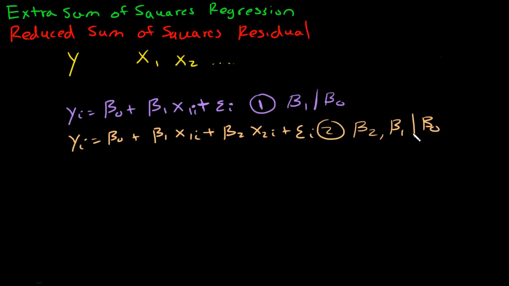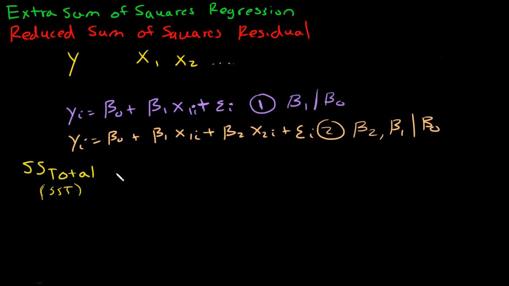Okay, so for both these models, I'm trying to figure out which model should I use? Should I include x2 or not, right? That's the basic question I'm thinking of right now. For both of these models, I could calculate my sum of squares, right? So sum of squares total, sometimes you'll see this written as SST, same thing.